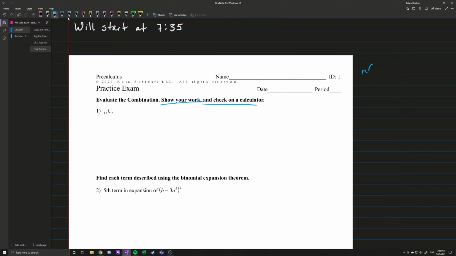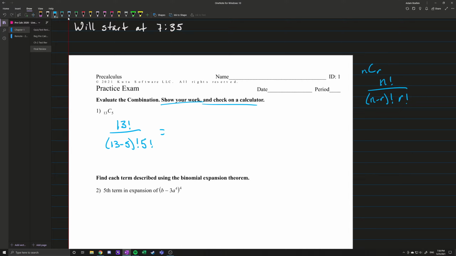If you have nCr, n choose r, this is going to be n factorial over (n minus r) factorial times r factorial. So this is just going to be 13 factorial over (13 minus 5) factorial times 5 factorial.